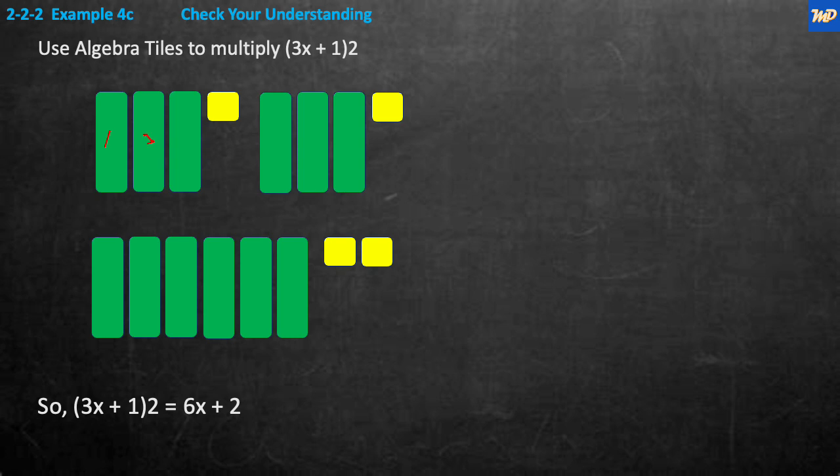Here's 1, 2, 3 x's, and here's our plus 1 right here. 3x plus 1. And we want it 2 times. And when we put these together into one single unit here, we get 6x plus 2. And here we have 1, 2, 3, 4, 5, 6, and plus 2.